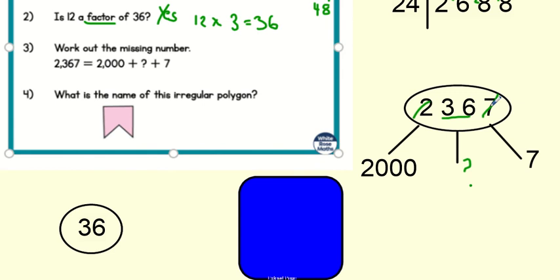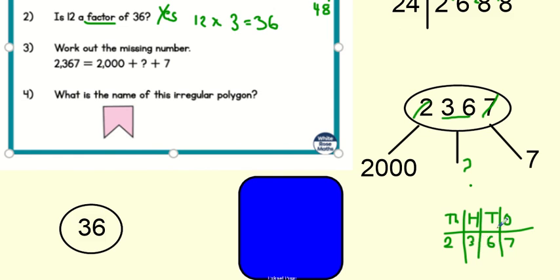Now, that's not 36. If we think about our place value, because it could be very easy to think, oh, that's 36. But actually, and again, children, you're very used to drawing place value charts nice and quickly, like I am. Let's pop this number on a place value chart. Now, we know that 3-digit represents 3 hundreds.